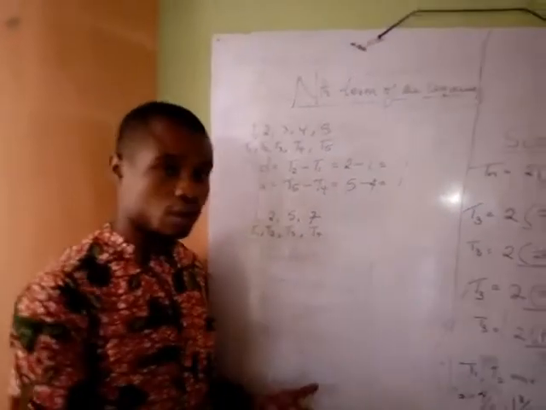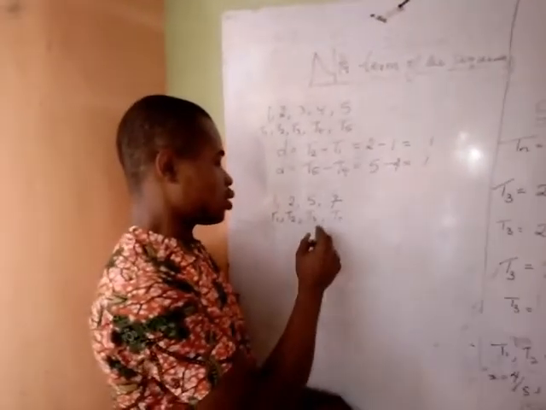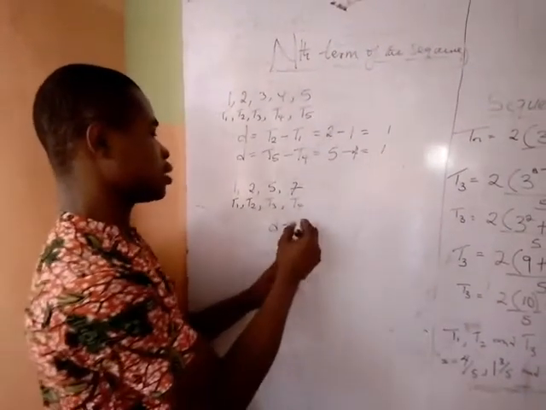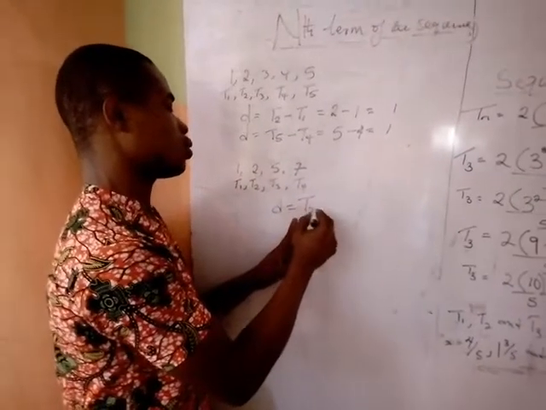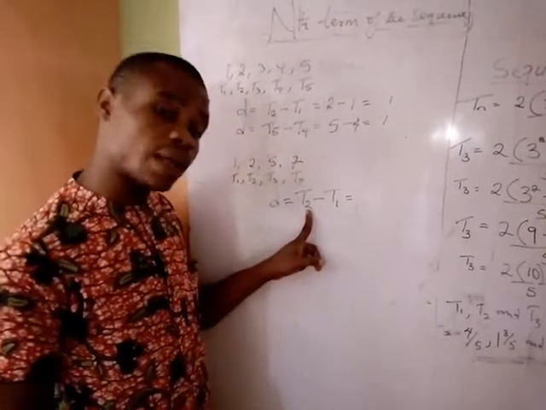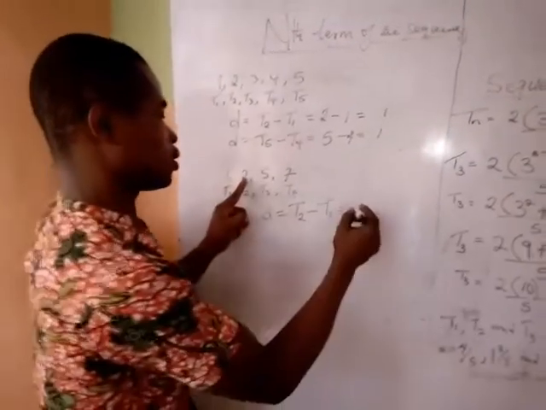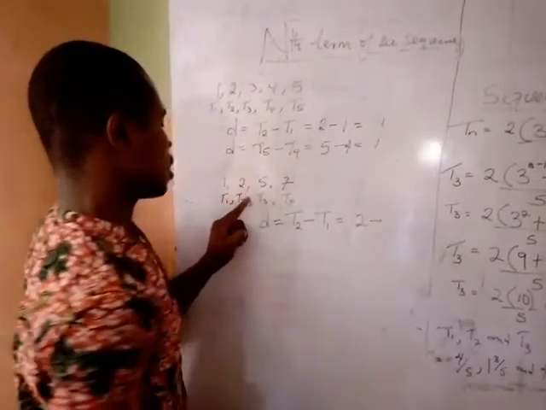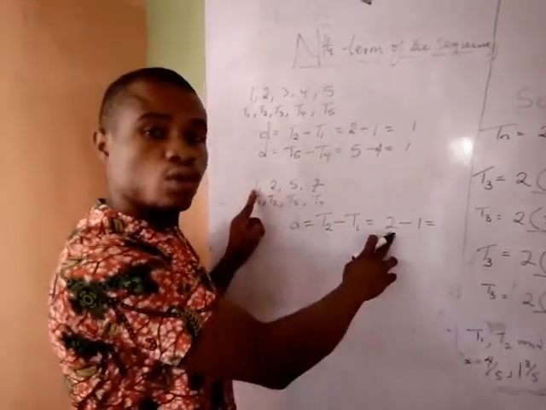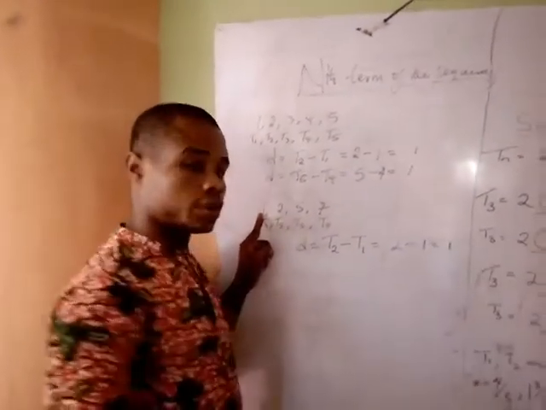Let's solve and see. Let's look for D, the difference, as usual. How do you get the difference? You subtract T2 minus T1. Our T2 is 2, minus our T1 is 1. So what is the difference? 2 minus 1 will give you 1.